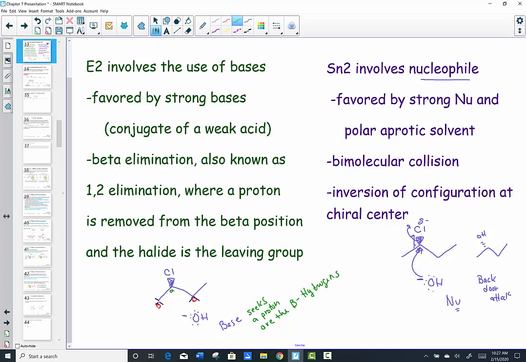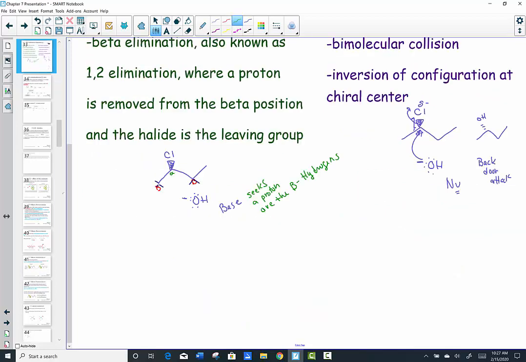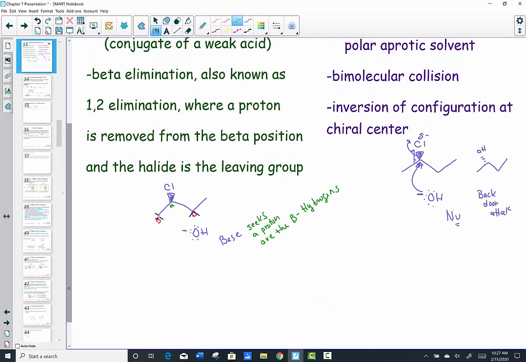Since there are actually 2 choices, we undergo what's called a 1,2-elimination, or sometimes you'll just hear it called beta elimination, where the proton is removed from the beta carbon and the halide acts as the leaving group. One possible outcome is to take this hydroxide and pluck a proton from the first carbon in that alkyl halide.